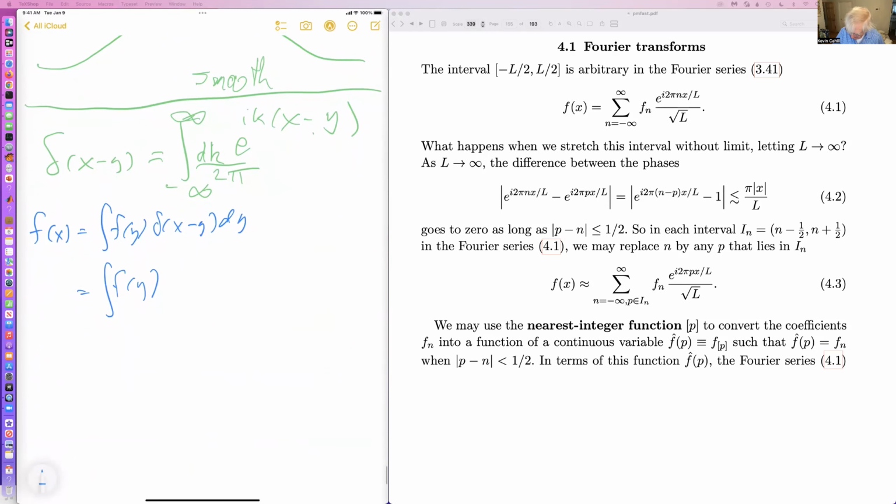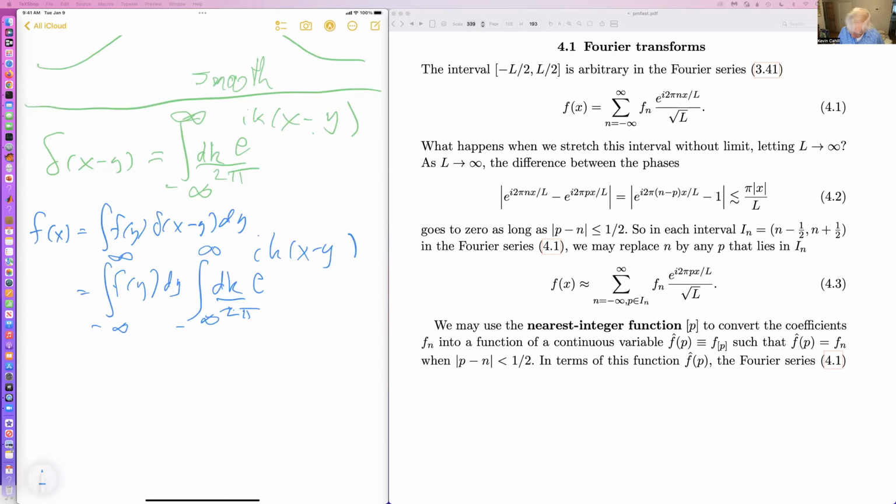Okay, so this is then an integral dy from minus infinity to plus infinity. And then this delta of x minus y is an integral from minus infinity to plus infinity dk over 2 pi e to the i k (x minus y).